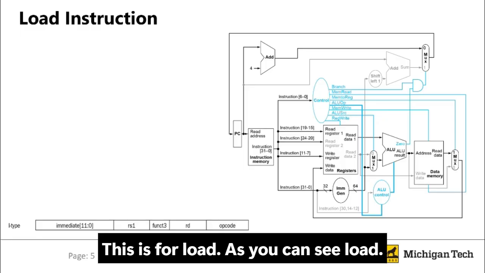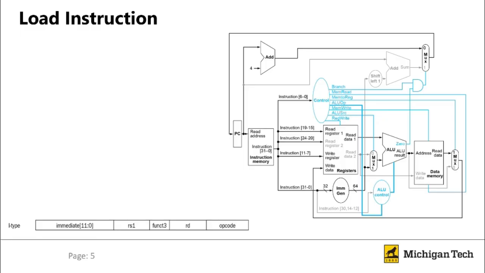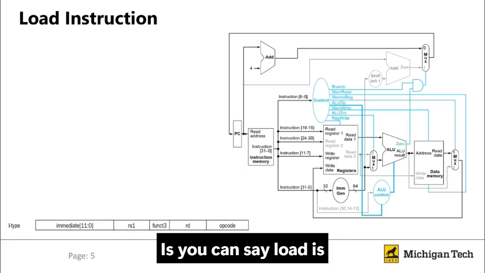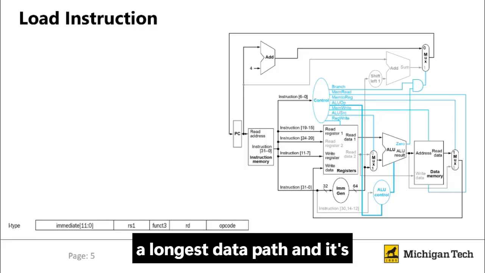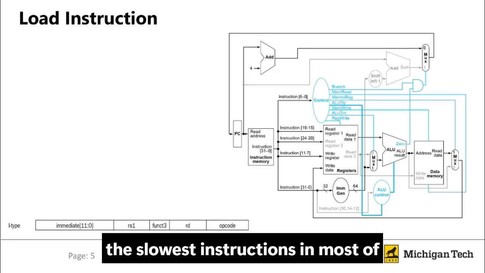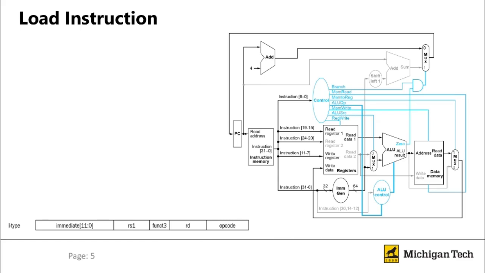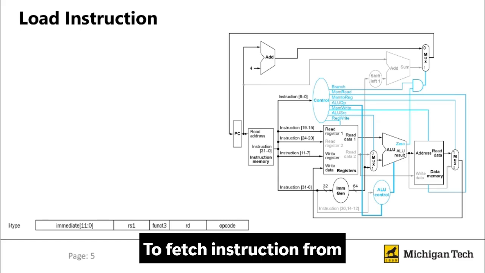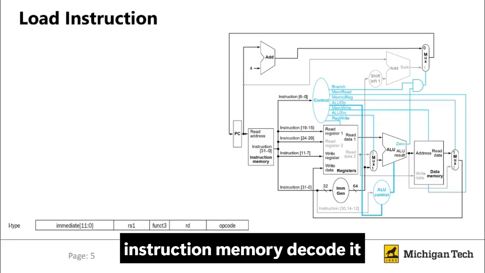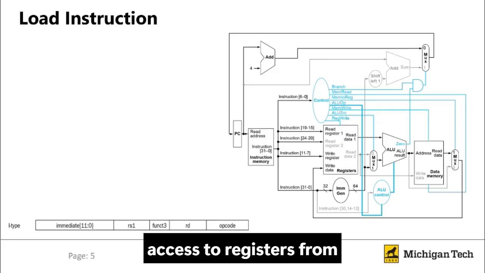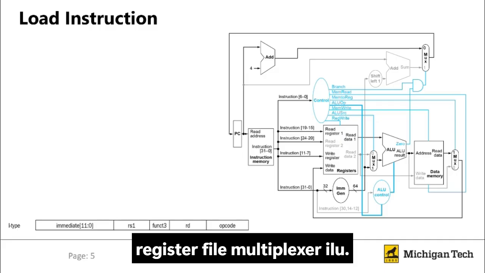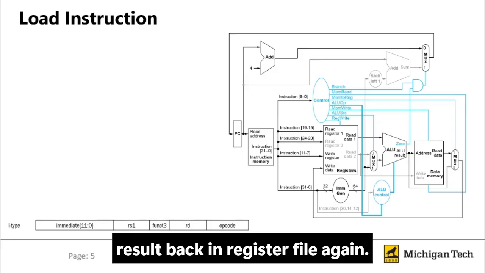This is for load. As you can see, load has the longest data path and is the slowest instruction in most computers. Why? Because you start from the program counter to fetch the instruction from instruction memory, decode it, access registers from the register file, go through the multiplexer, ALU, data memory, and write the result back in the register file again.